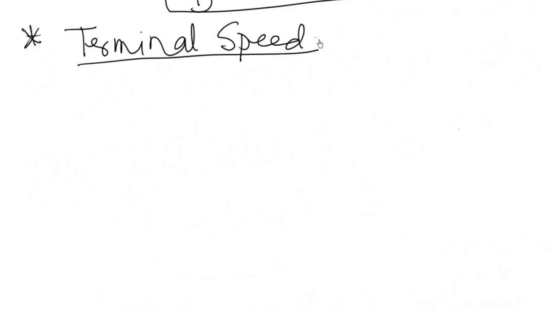And with a uniform velocity, the object will move. This uniform velocity is called terminal velocity. The magnitude of it is known as terminal speed. Now, expression for terminal speed.